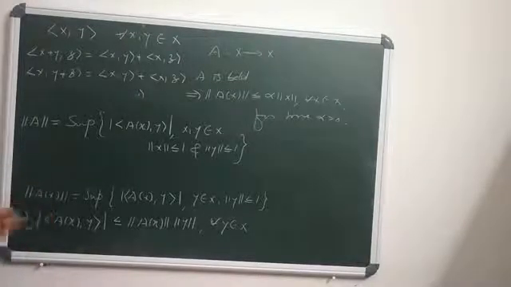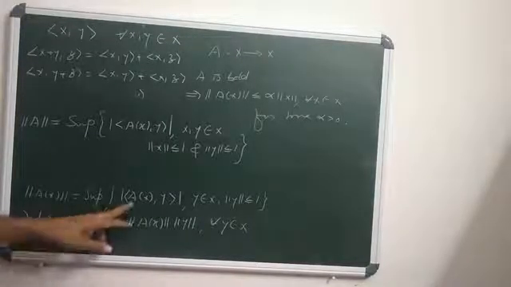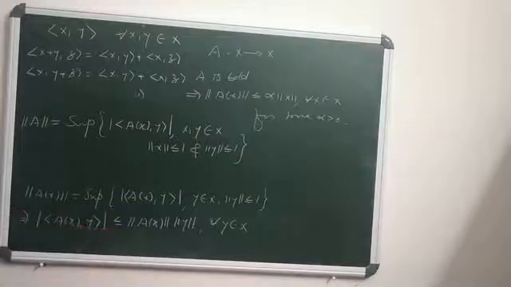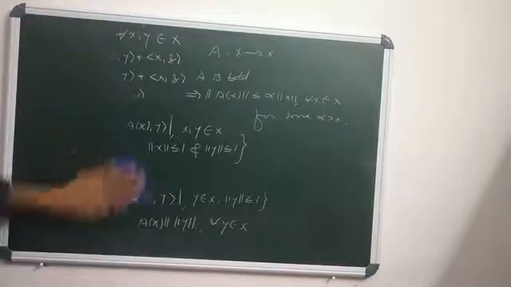Moreover, norm Ax is the supremum of the modulus of <Ax, y> with y in X, norm y less than or equals 1. So that means the modulus of <Ax, y> is less than or equals norm A into norm x into norm y. Thus norm A is the supremum of the modulus of <Ax, y> with x, y in X, norm x less than or equals 1 and norm y less than or equals 1.